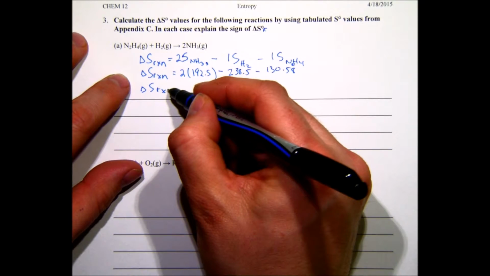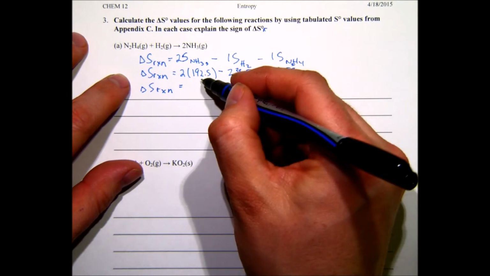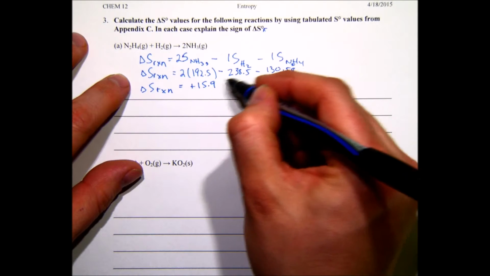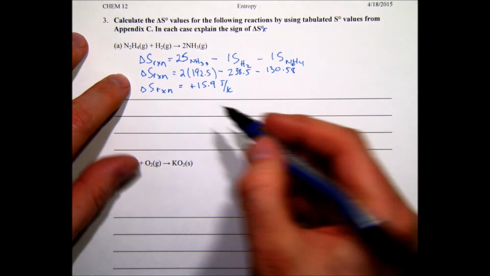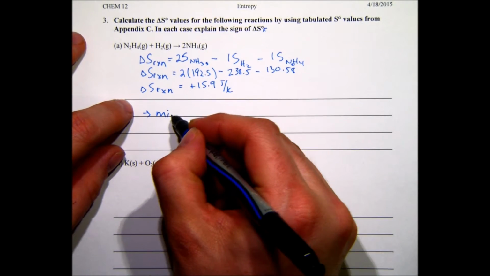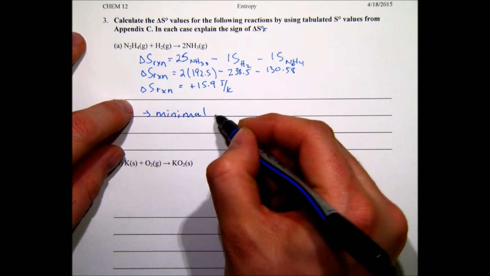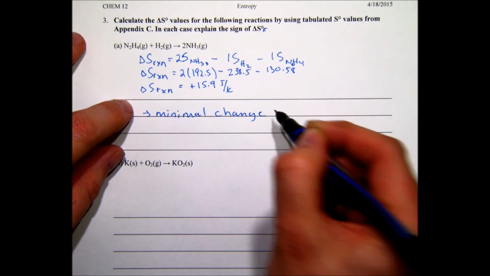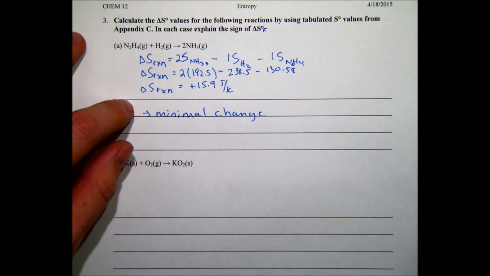So the delta S of reaction is equal to plus 15.9 joules per Kelvin, which is a minimal change. Not much for us to actually look at or worry about.